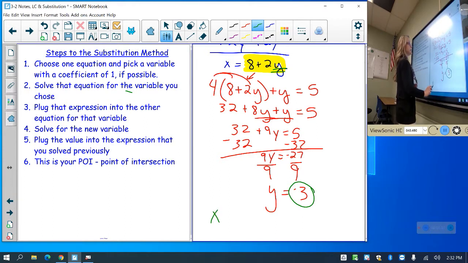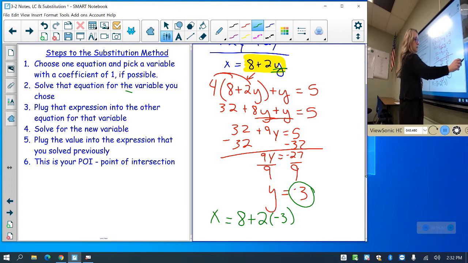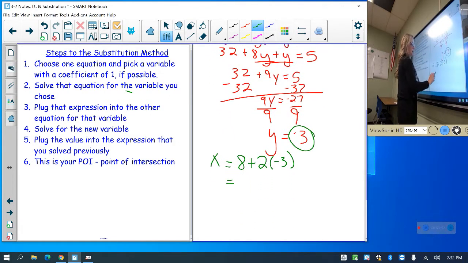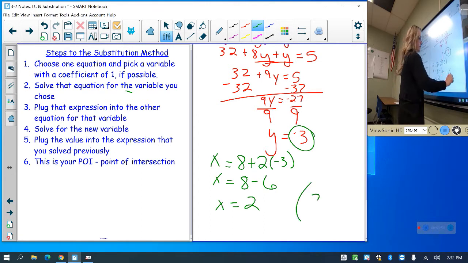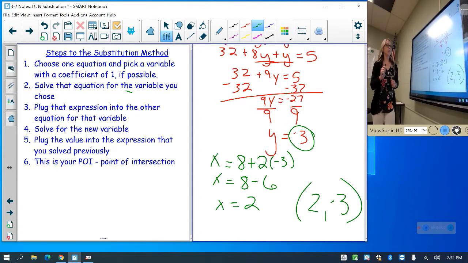So I have x equals 8 plus 2 times negative 3, which is, scroll down a little bit, 8 minus 6, x equals 2. My point of intersection is 2, negative 3. So these two lines intersect at the point 2, negative 3.